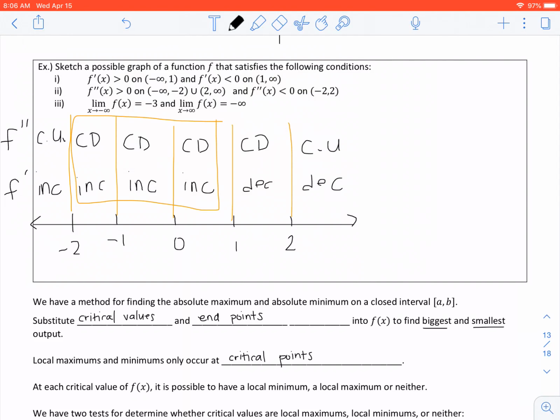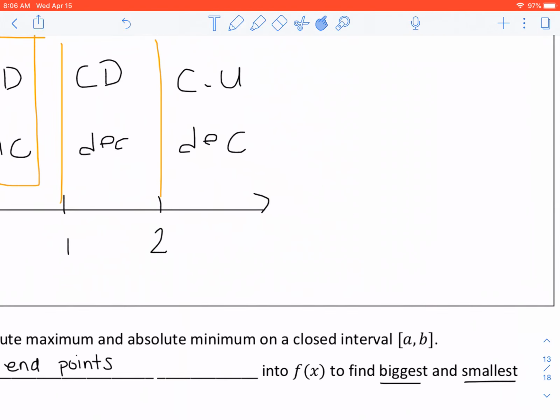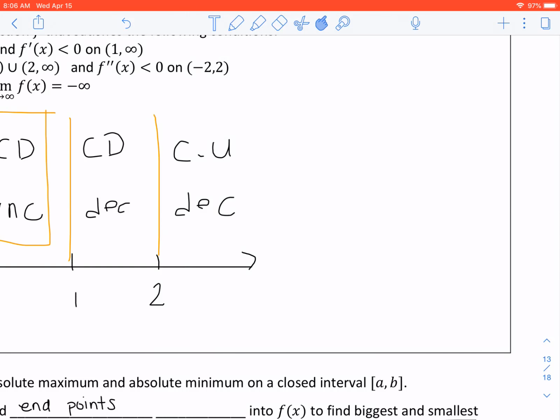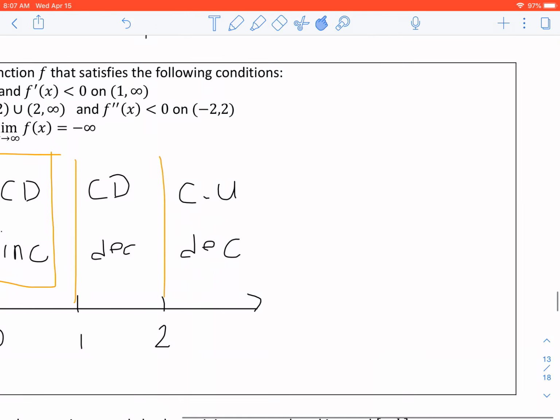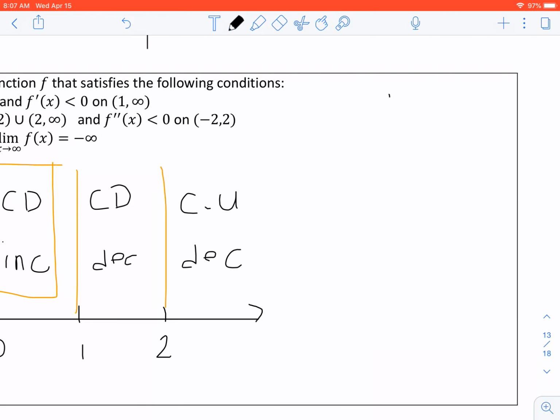So go ahead and make a coordinate plane. I'm going to go ahead and put -2, -1, 0, 1, and 2 on my graph.